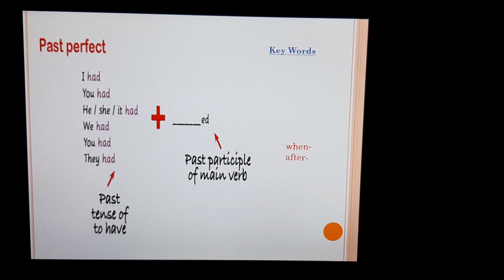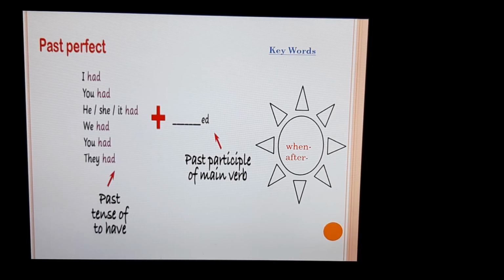Now, how do I form the past perfect verb? I put had plus past participle verb. Now we have keywords for the past participle. They are when and after. Okay, so we have had for all the subjects, whether they are singular or plural.